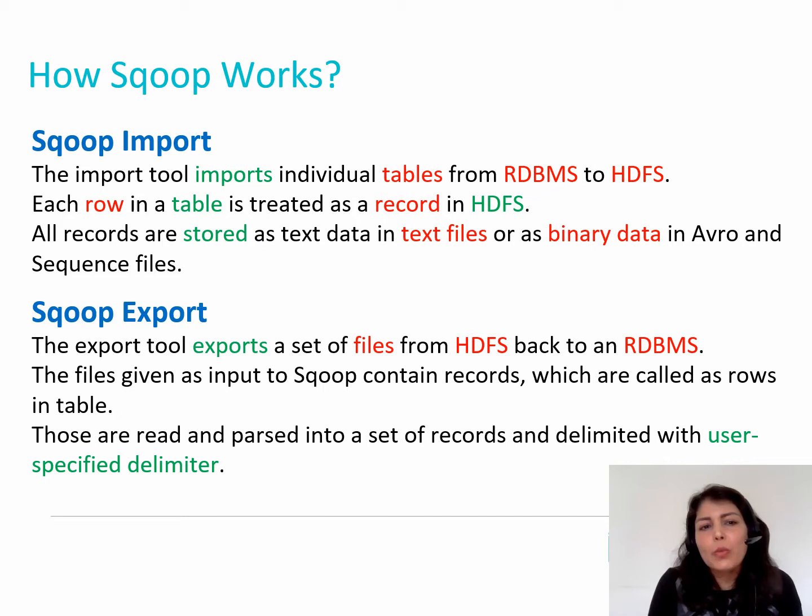So when we want to import this data to HDFS, each row in the table would be stored as a record in HDFS. And finally, instead of tables, we have text data, which can be saved as a text file or binary data, and it depends on the structure of the data.